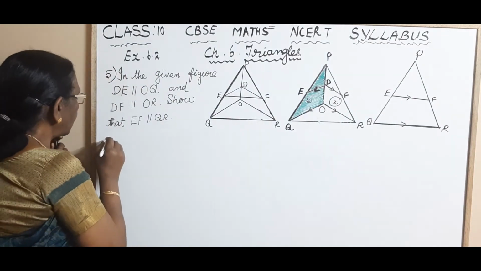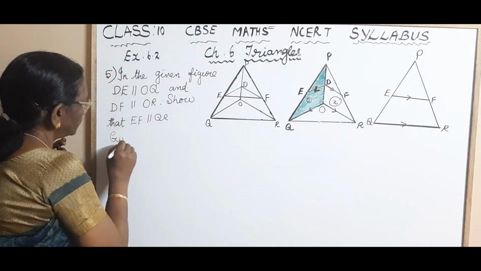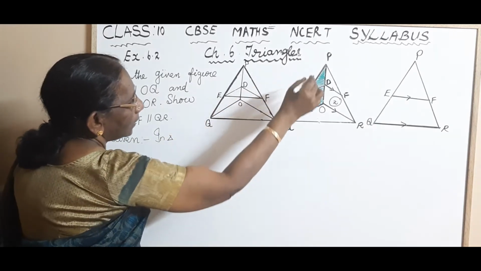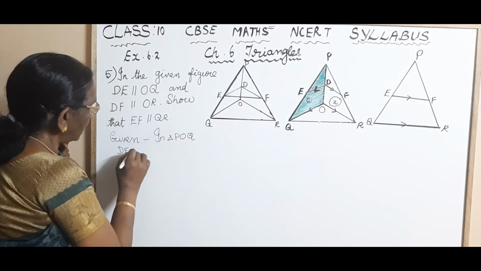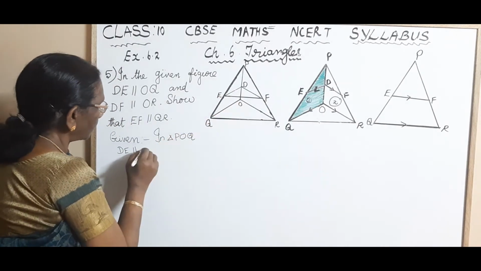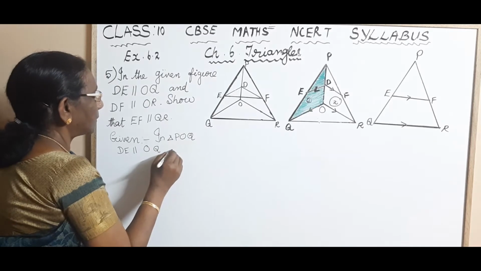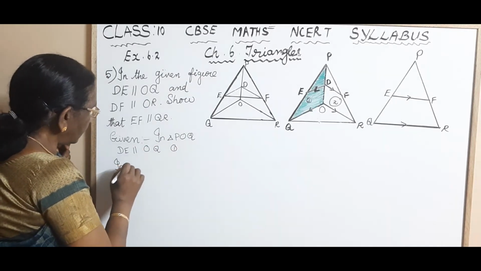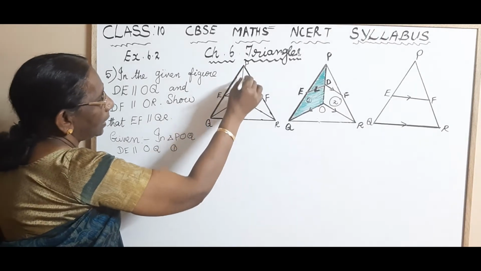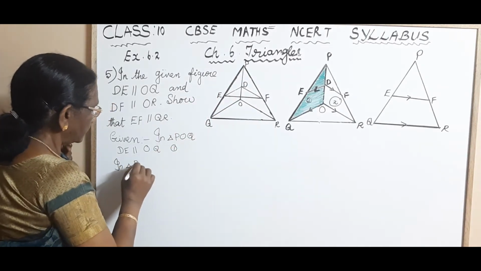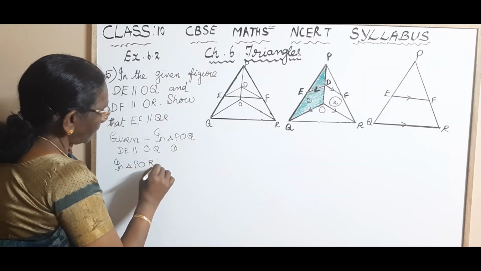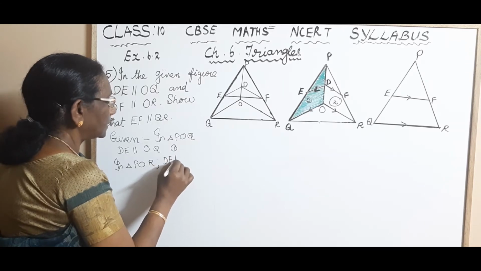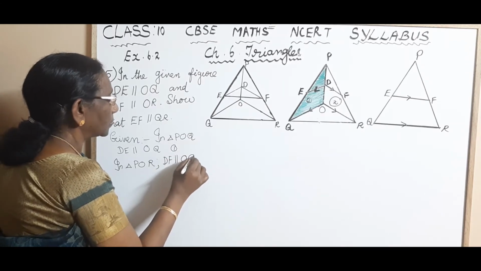So, given in triangle POQ, DE is parallel to OQ. That is the first information. And the second information is in the other triangle POR, DF is parallel to OR.